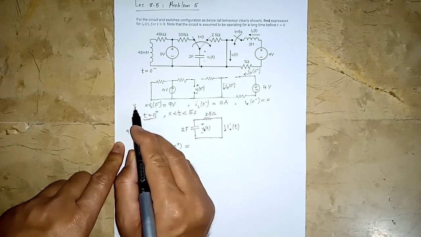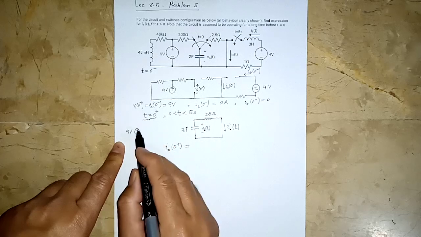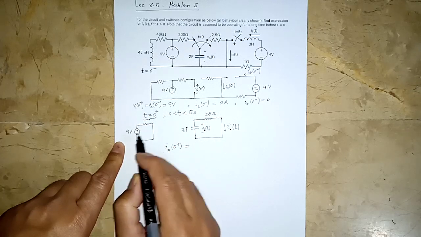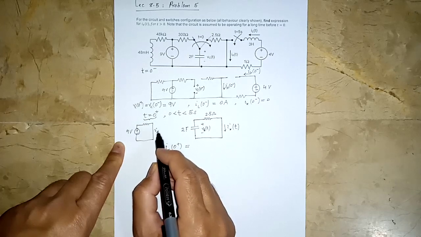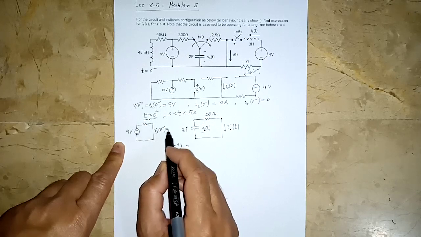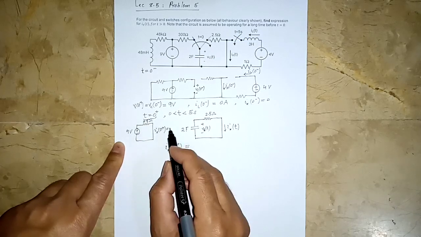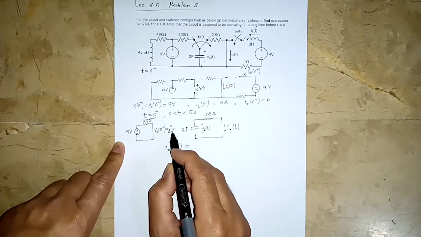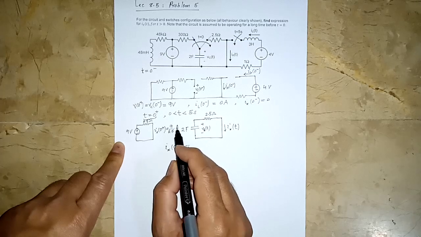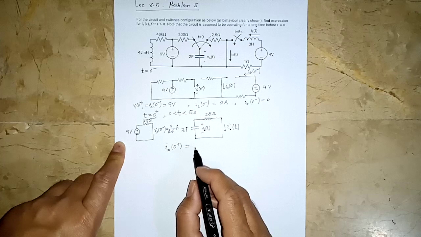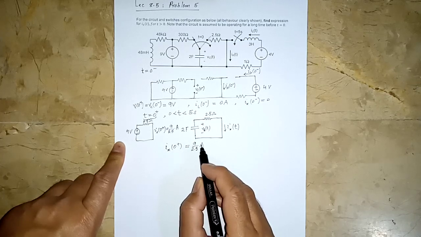This and this are same, and we are looking at that instant only. So what can you now tell about Ix at 0 plus? It is simply 9 divided by 2.5 ohm, 9 volts over 2.5 ohm, whatever that current is. So we have 9 over 2.5 ampere.